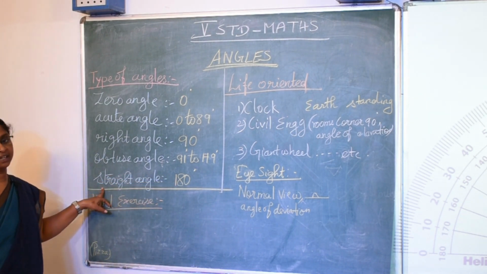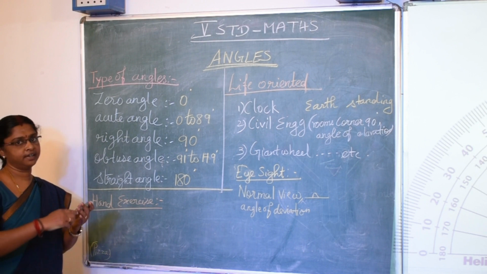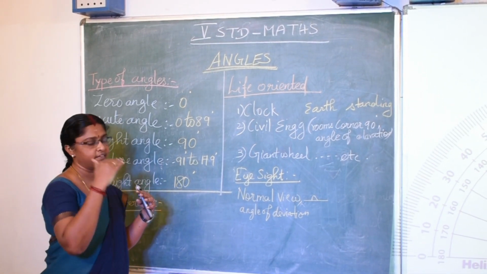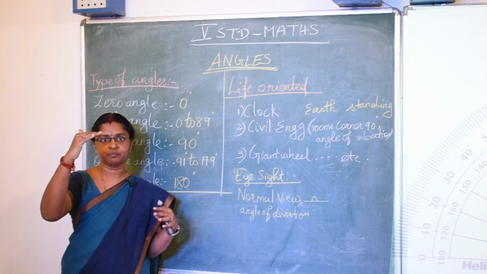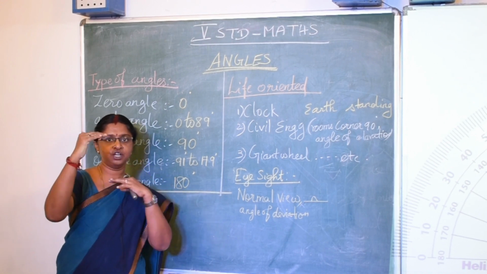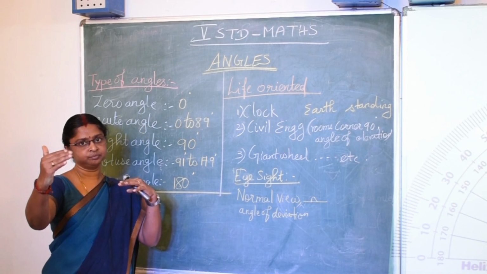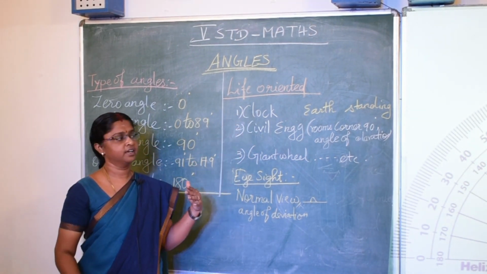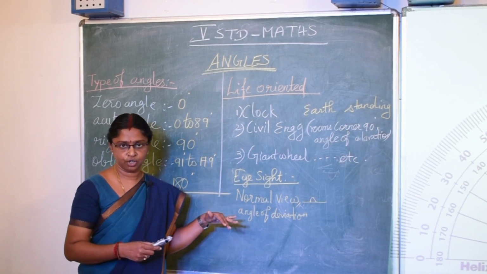Already in our day-to-day life, I told about our eyesight. Our straight view is called a straight angle. Also you may see our clock. Our best example is the clock.